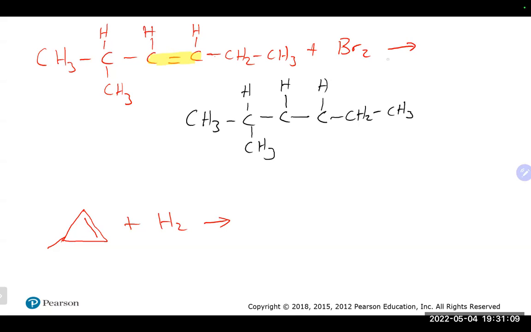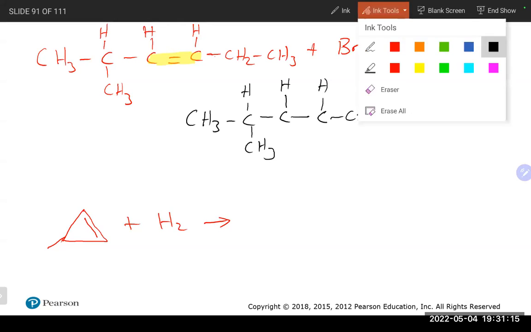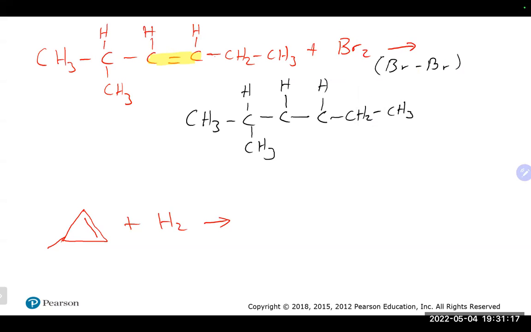In this case, we're adding Br2, which is 2 bromines. The point of turning that into a single bond is now we have room on each of those carbons to accept a bromine, and each will accept one on each one. And frankly, since it is the same here, it doesn't matter which one you put where because they're both bromines. Any questions on that one there?